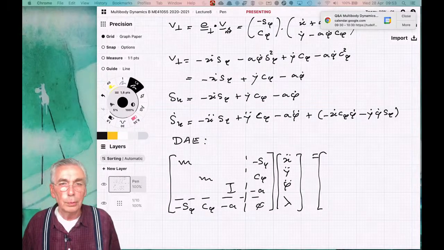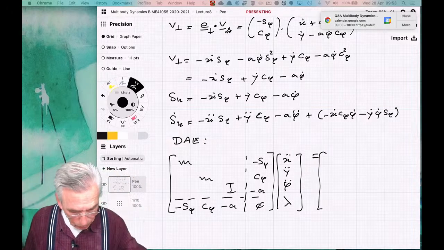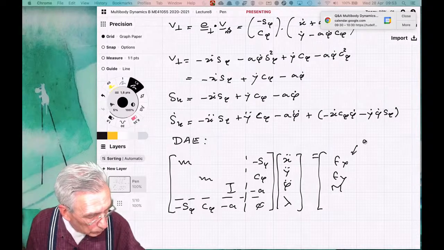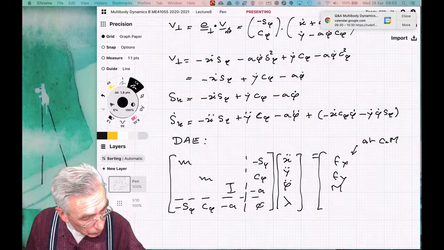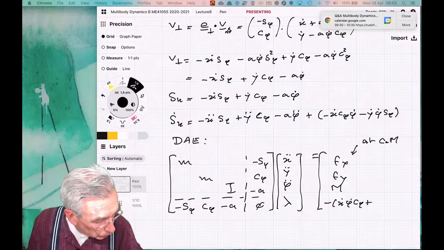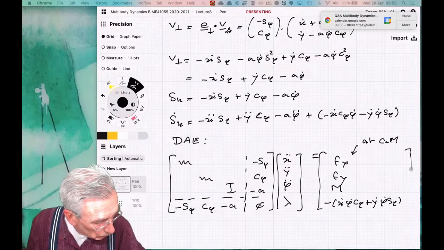Isn't mechanics beautiful? It's just like bookkeeping, right? It's not hard. Fx, Fy, and m, so this is all at the CM, the center of mass forces. And then this term we have to put on the right hand side, minus x dot phi dot cosine phi plus y dot phi dot sine phi. And then we close the bracket.